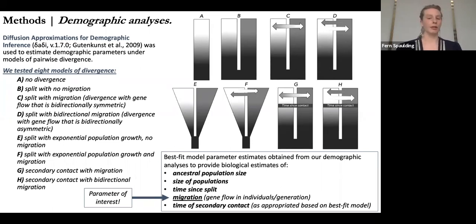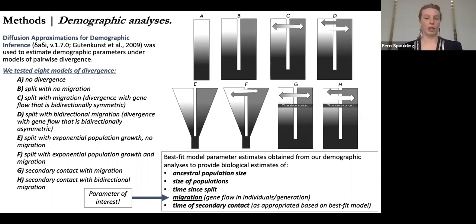To see which model was the best fit, we used Akaike Information Criterion, or AIC, to make sure that we weren't overfitting the data with a model that had more parameters than what was parsimonious. Once the best fit model was determined, it was bootstrapped to give 95% confidence intervals around these parameter estimates.